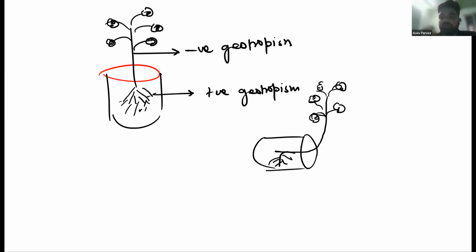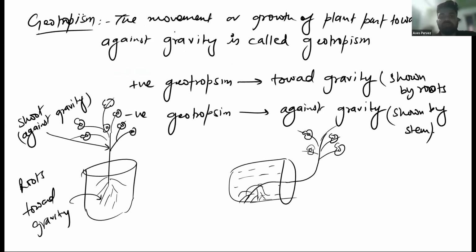So let it be, and please note it down. Geotropism is the movement or growth of a plant part towards or against gravity. Towards means towards the gravity, or against the gravity.